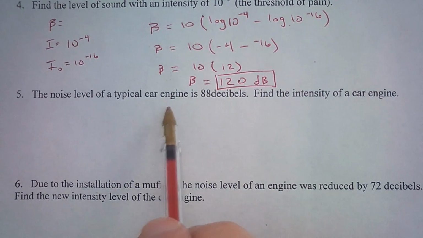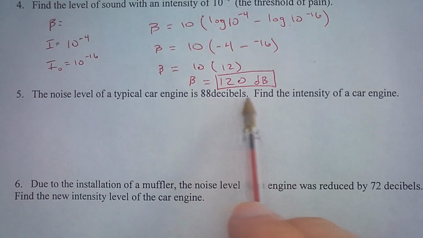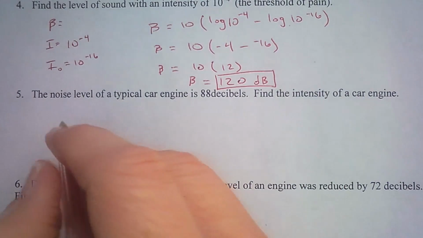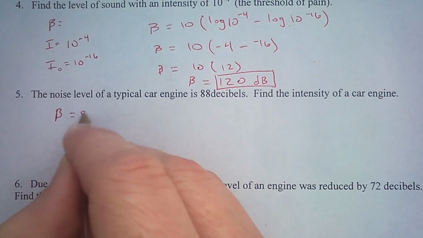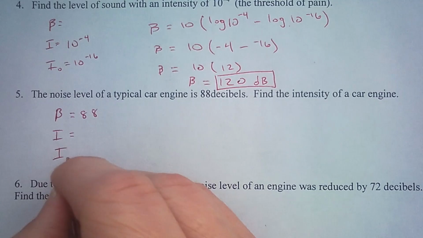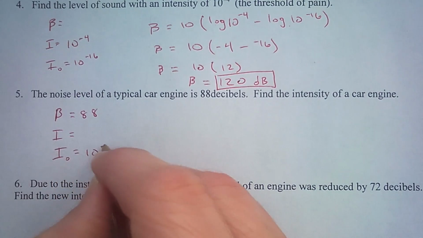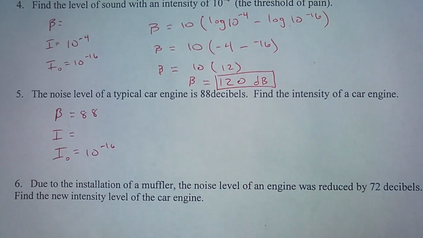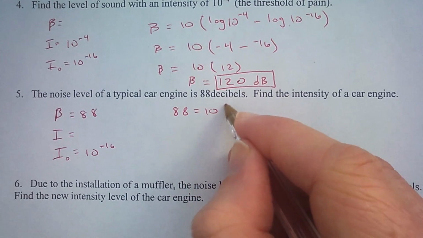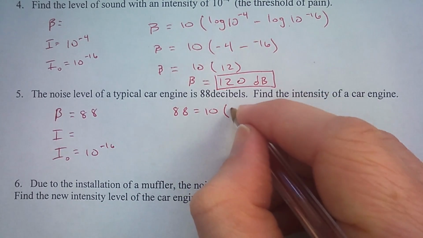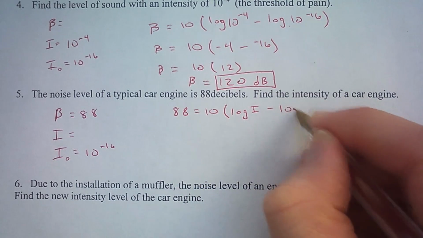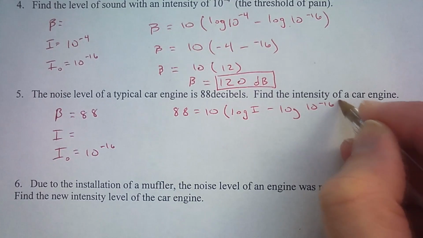The noise level of a typical car engine is 88 decibels. Find the intensity of that car engine. This time we know the number of decibels is 88. We don't know the intensity, but we know that the faintest intensity picked up by the human ear is 10 to the negative 16. So we have 88 equals 10 times log I minus log 10 to the negative 16.